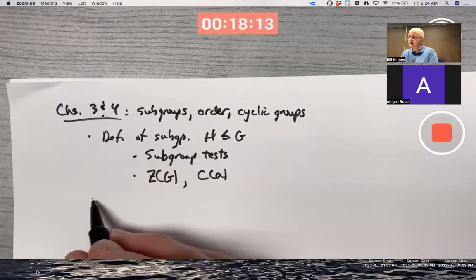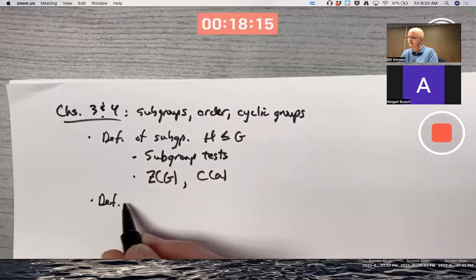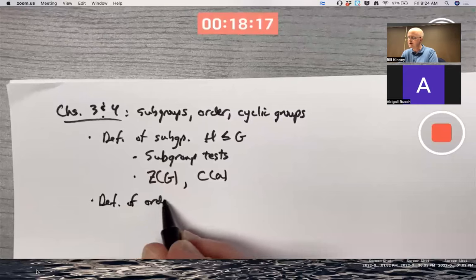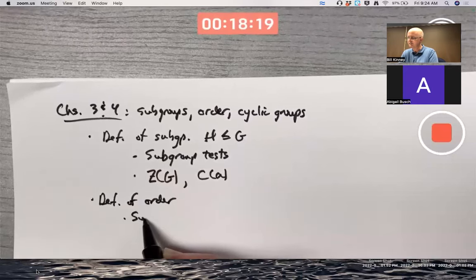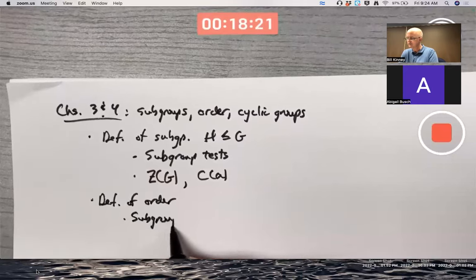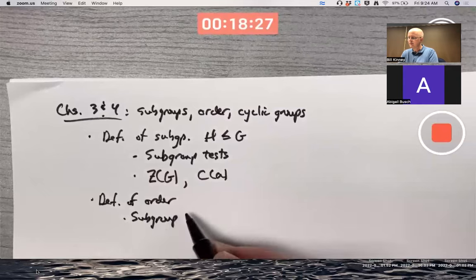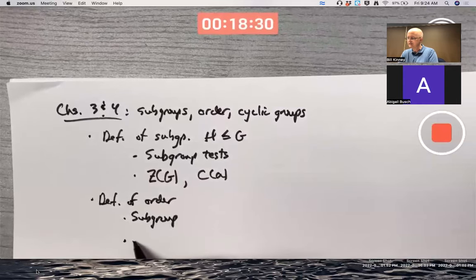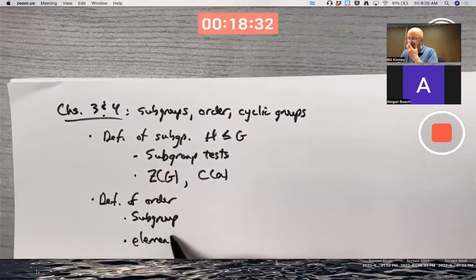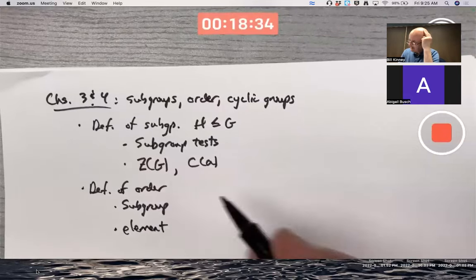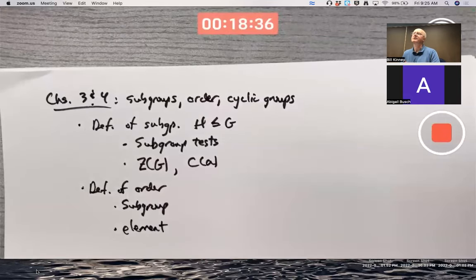We also had the definition of order of a subgroup, or you could say a group overall, and an element. I think order is defined just in terms of a group initially, not a subgroup necessarily.